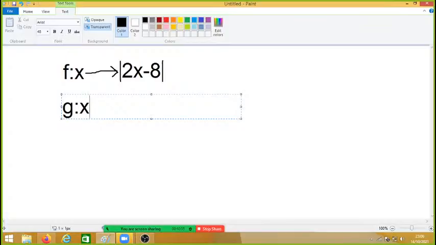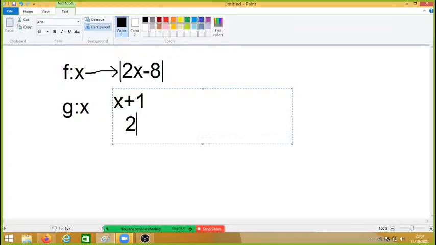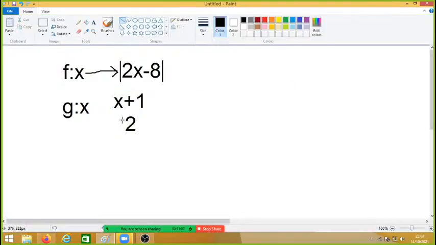So the function g is such that it applies for, turns x into x plus 1 on the top and 2 on the bottom, so x plus 1 over 2. So the function g is such that x's change to x plus 1 over 2.